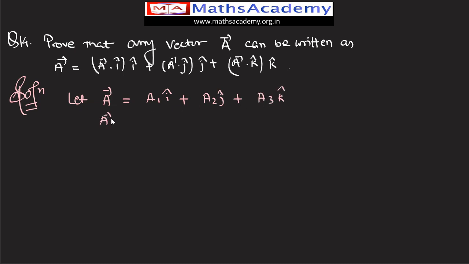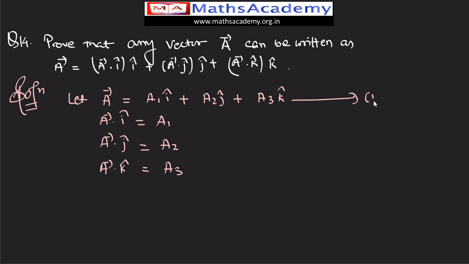Now A vector dot i is equal to a1. If I take A vector dot j, I get the component a2 only, and the remaining components become 0. A vector dot k cap, I get only a3.